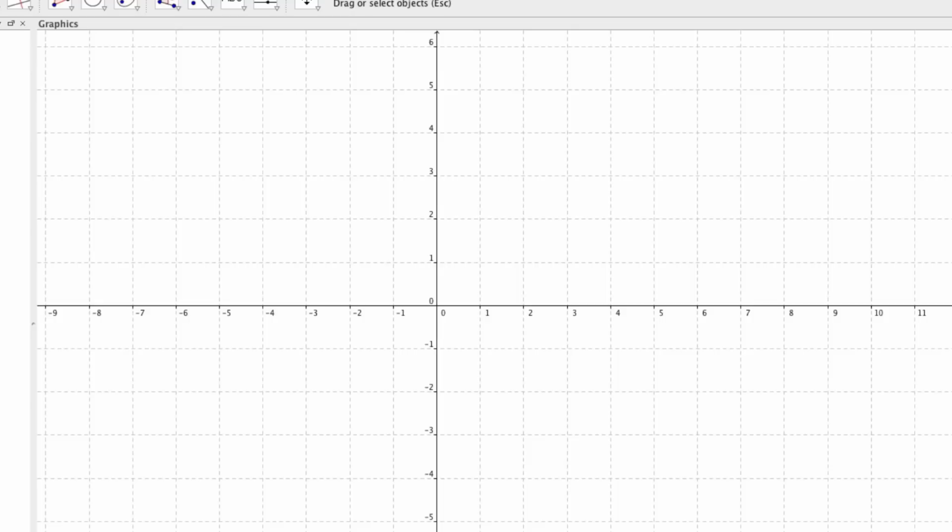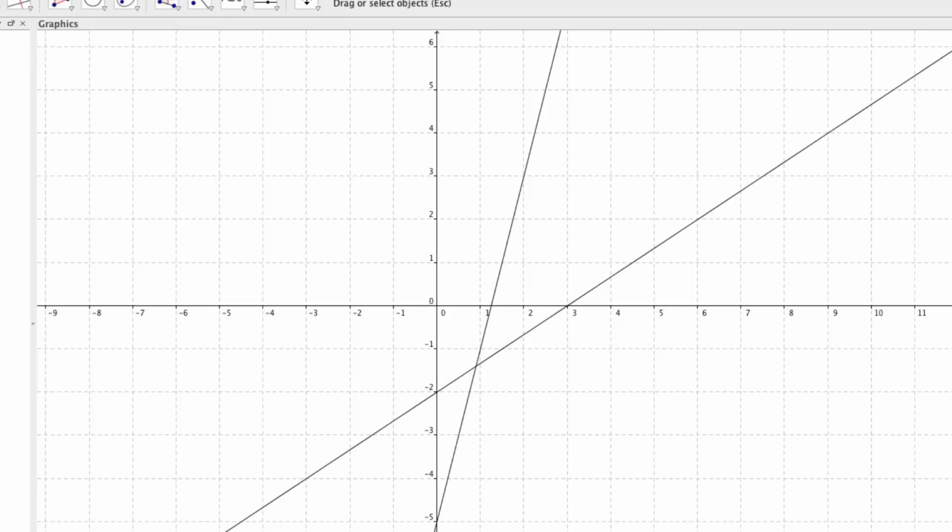So 2x minus 3y equals 6. There was our first graph. Our second graph was negative 4x plus y equal to negative 5. There it was. Okay. So we have 2x minus 3y equals 6, negative 4x plus y equals negative 5. Our solution would be this point right here. Okay.